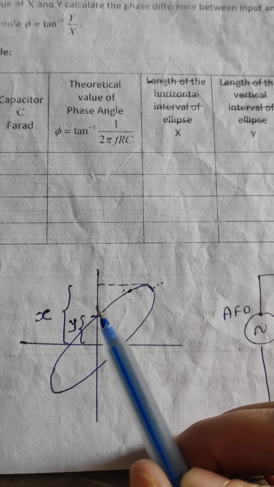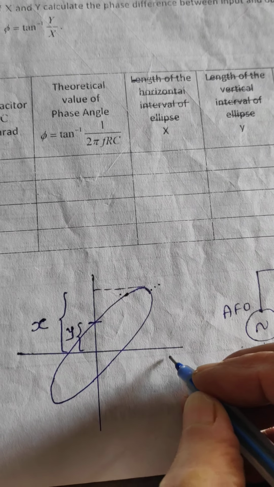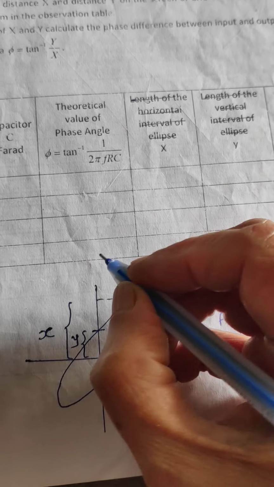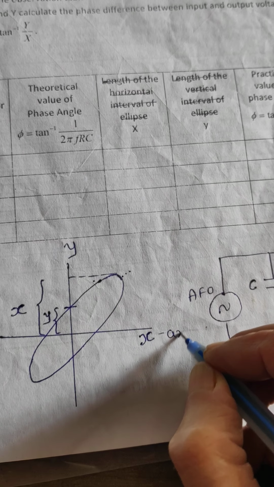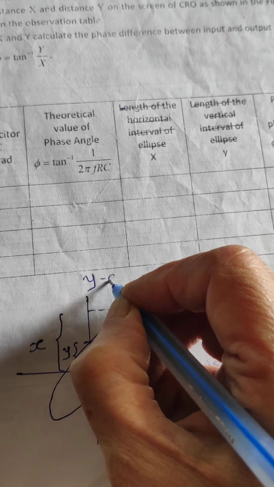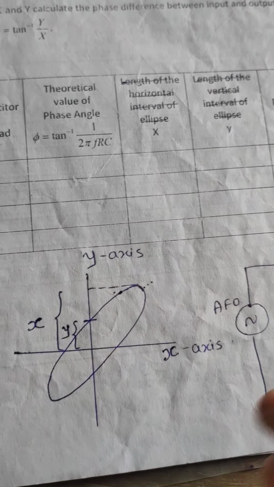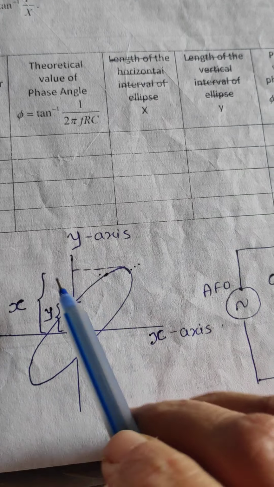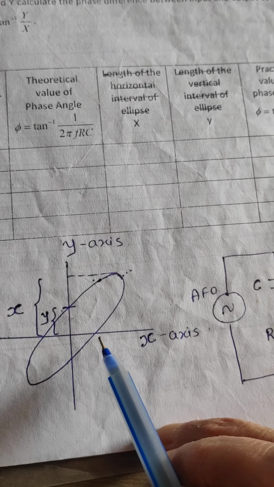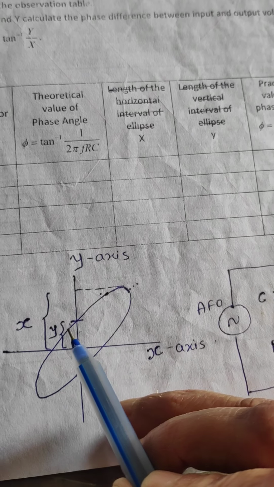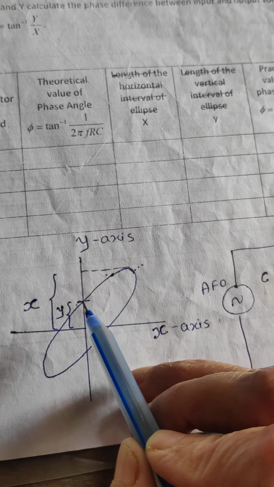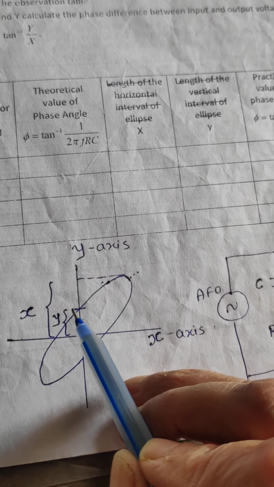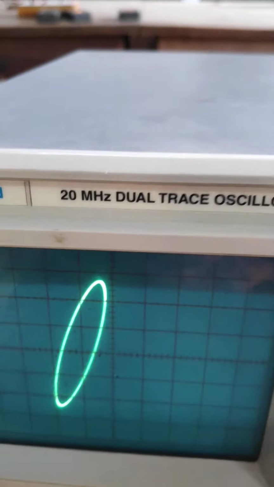The ellipse will cut the X and Y axis. So the ellipse will cut the Y axis at some particular point. It will cut the X axis at some particular point. So what you first do is find out the number of divisions from 0 that it makes with the Y axis, where the ellipse cuts the Y axis.